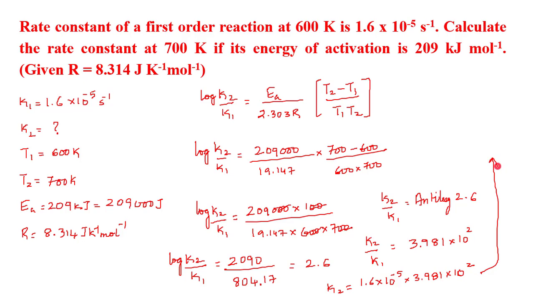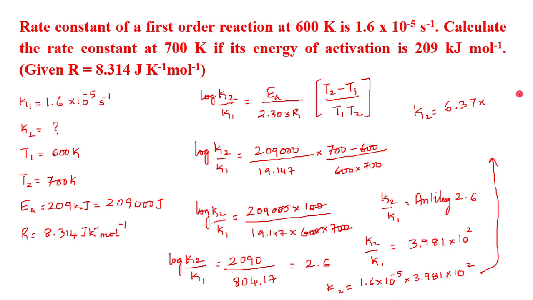So 1.6 into 3.981 will be 6.36 or 6.37. K2 value will be 6.37 into 10 raised to the power, minus 5 plus 2, which is minus 3.